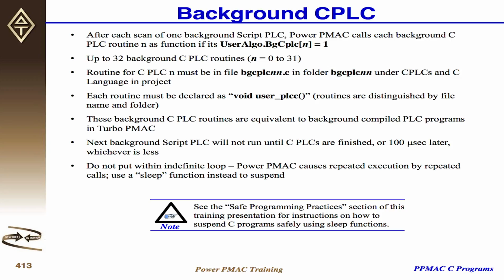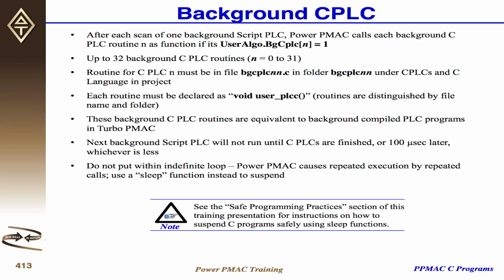Background CPLCs will all run every background cycle, and you can turn each one on and off with useralgo.bgcplc bracket PLC number equals 1 or 0, respectively. We have 32 of them, numbered 0 to 31, and each one is in its own bgcplc.c file.